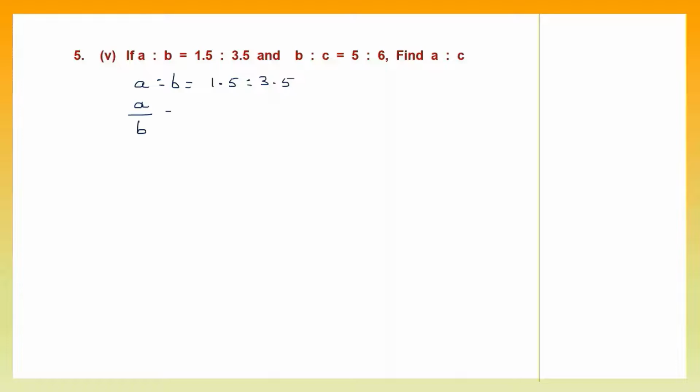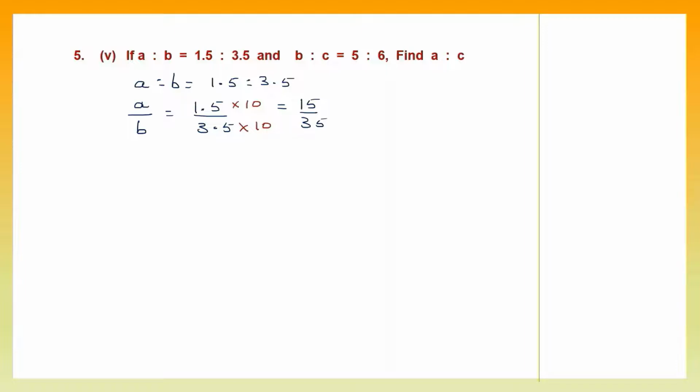A by B equals 1.5 by 3.5. Now I can change this to whole numbers by multiplying both by 10. So what do I get? I get 15 by 35. So A by B equals 15 by 35.